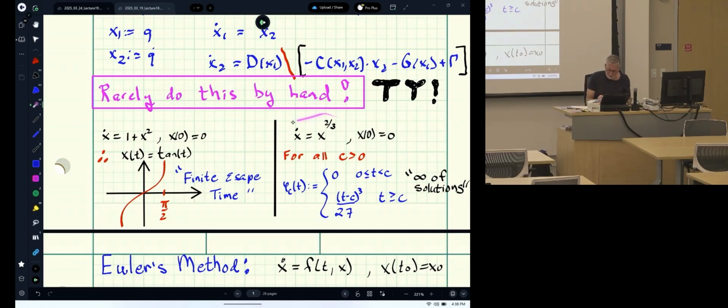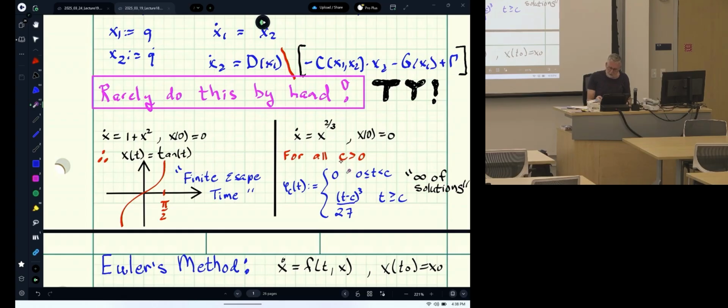And then there's this funny differential equation with x to the 2/3, it looks innocent. It doesn't have 27 terms on the right-hand side with exponentials and logs and sines and cosines going crazy. It's simply x to the power 2/3. But you can check that it has an infinity of solutions.